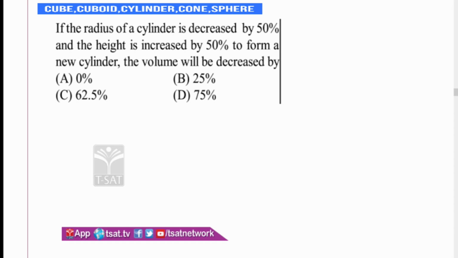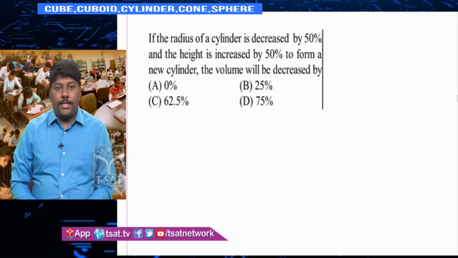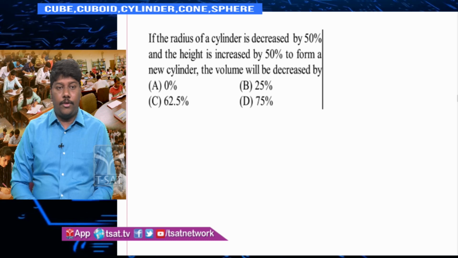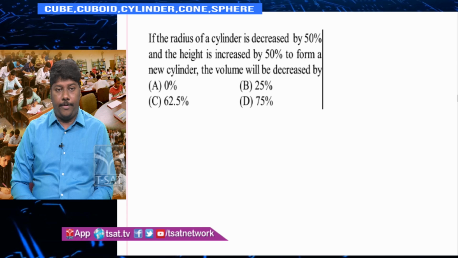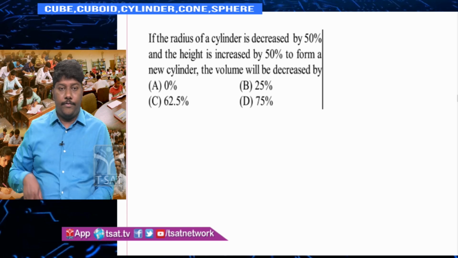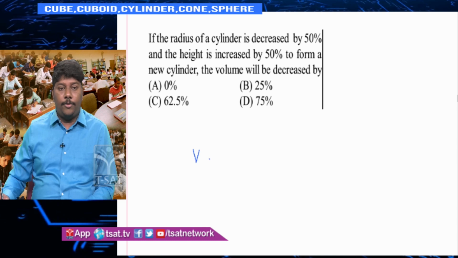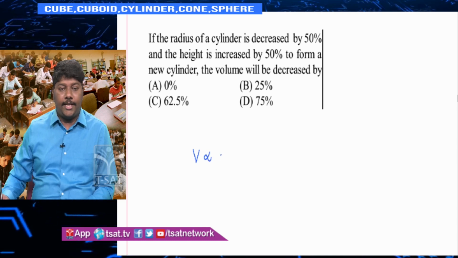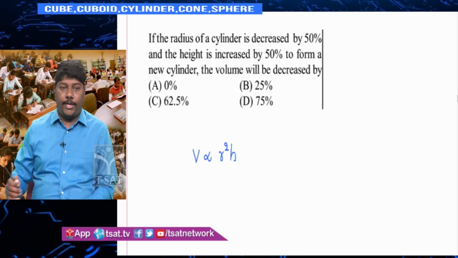If the radius of the cylinder is decreased by 50% and the height is increased by 50% to form a new cylinder, the volume will be decreased by. So, first of all, try to understand the volume of a cylinder. Volume of a cylinder is directly proportional to the square of radius into height.